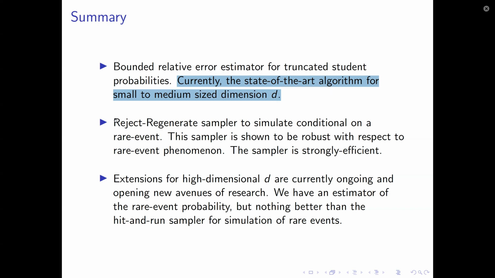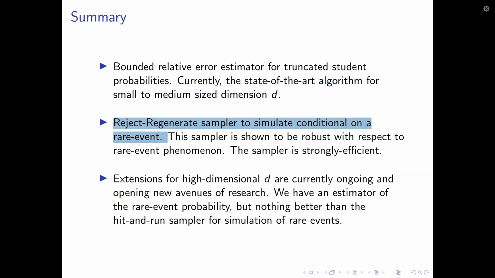The other problem is to simulate a multivariate student vector conditional on a rare event. I didn't spend time on this, but it has nice applications in Bayesian statistics: sampling from a number of different posteriors is equivalent to sampling from a multivariate student conditional on a rare event.